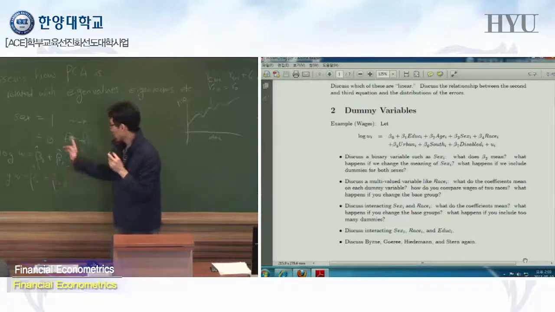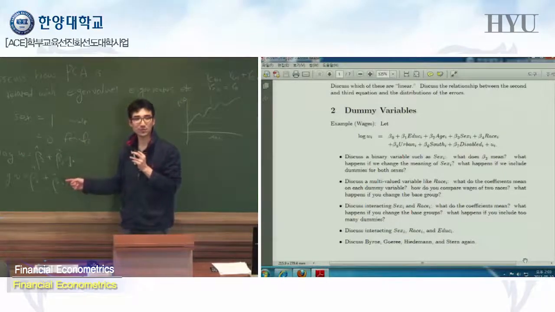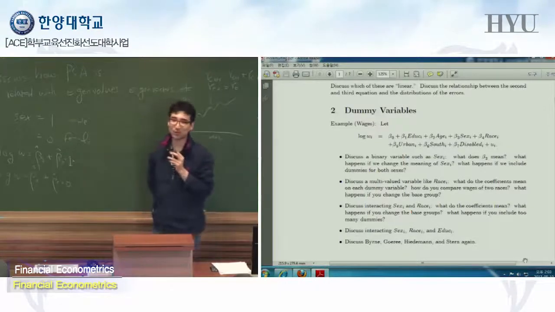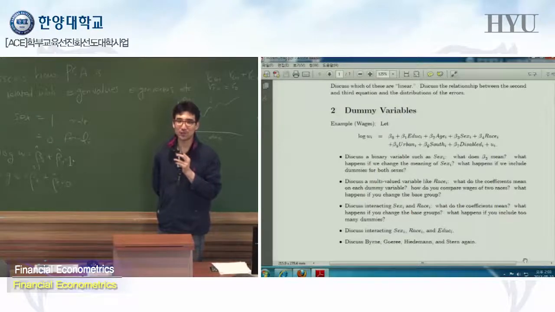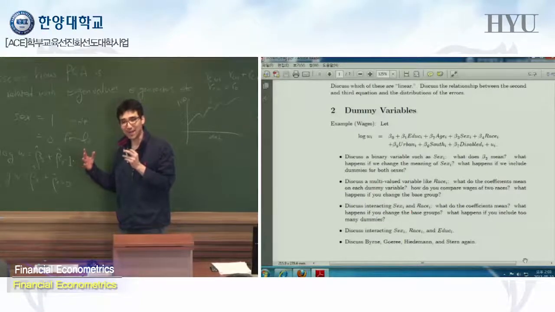Then all the others cancel each other, and only this one survives. So we can interpret beta 3 as a wage difference. More accurately, a log wage difference between male and female. How much more would a male receive if an observation is male?